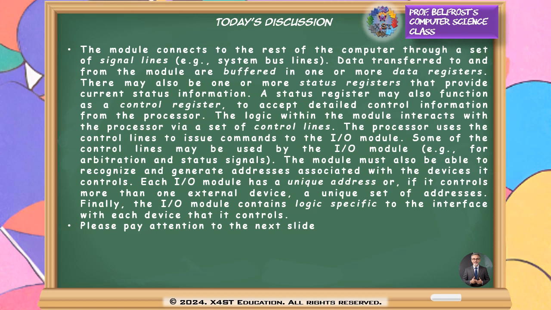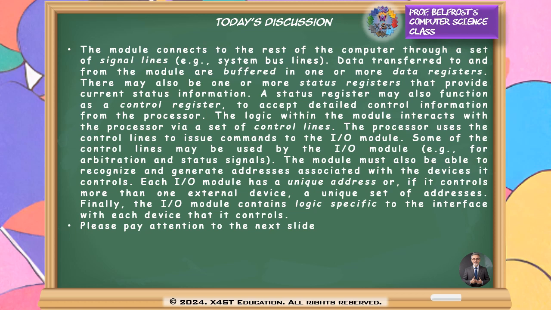The logic within the module interacts with the processor via a set of control lines. The processor uses the control lines to issue commands to the I/O module. Some of the control lines may be used by the I/O module, and the module must also be able to recognize and generate addresses associated with the devices it controls.